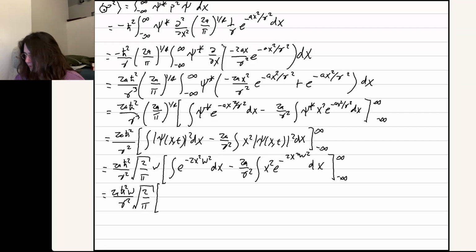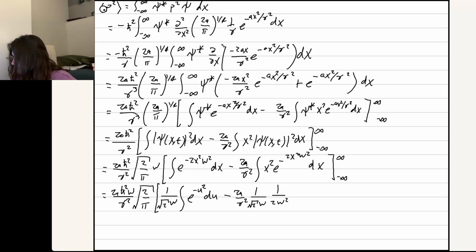That being that we're going to end up with a factor of 1 over root 2w. And this is going to be minus u squared du. And then we'll also have a 1 over root 2w here, and then also 1 over 2w squared times the integral u squared e to the minus u squared du from minus infinity to infinity.